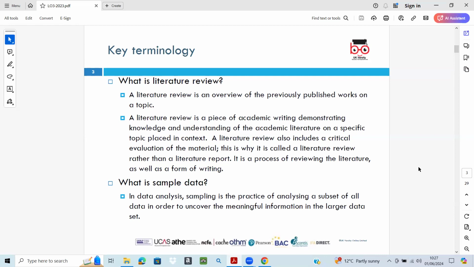Then for data analysis, data analysis is analyzing the sample data and it involves measuring variables such as patient satisfaction scores and health outcomes. And we have using statistical methods to test hypotheses and draw conclusions that can be generalized to the entire population.